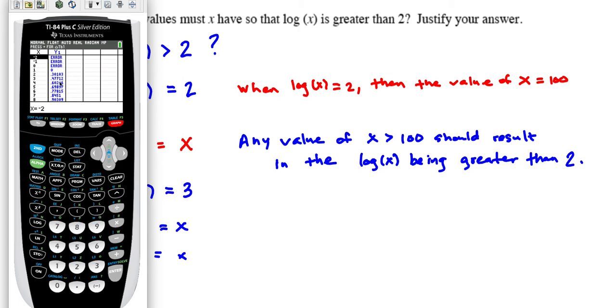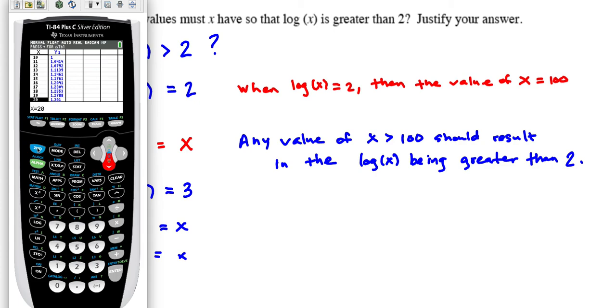We want to know when our output is going to be greater than 2. You see how small these are, but they are growing. As we scroll down, you'll see that when we put in the log of 10, it equals 1, and then we go on and on.